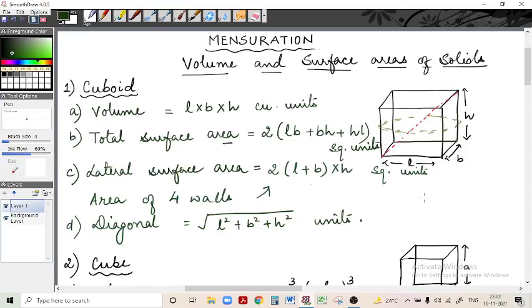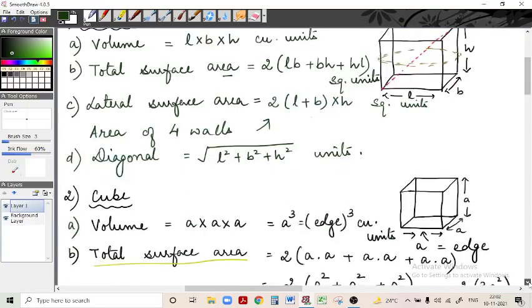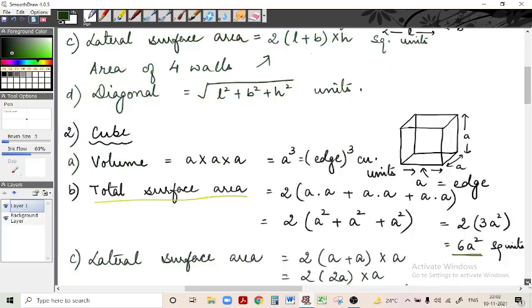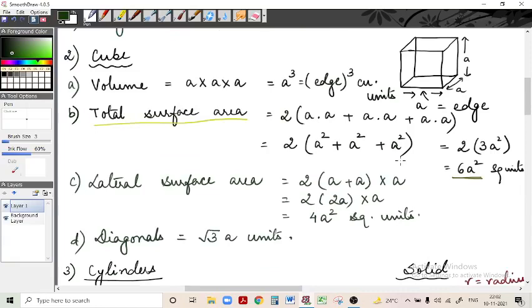The figure I have shown, the formulas, how we are deriving, how we are writing, that I have shown you. Then comes cube. Cube and cuboid are the same. So here the derivations I have shown you.